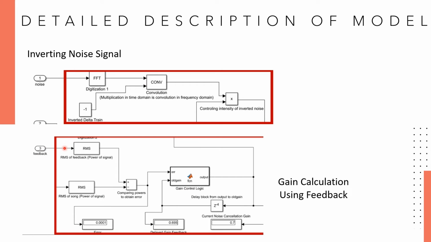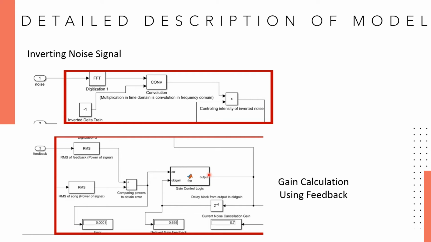It takes in the power of the feedback which we have calculated using the RMS block and the power of the song itself. Then it subtracts both the powers and sees how much the error is. The lesser the error, the closer the signals are. That error is fed into the gain control logic.